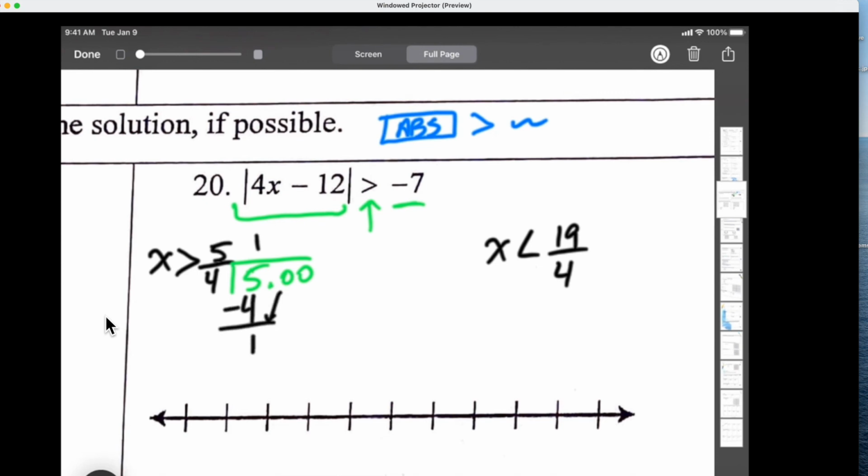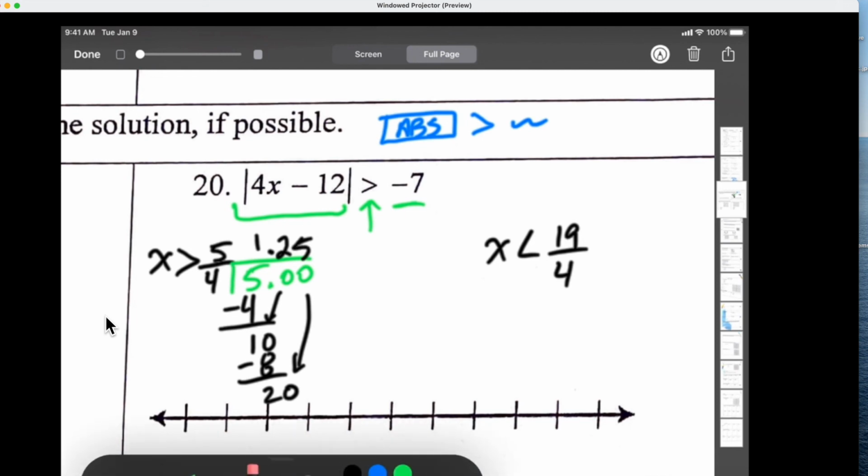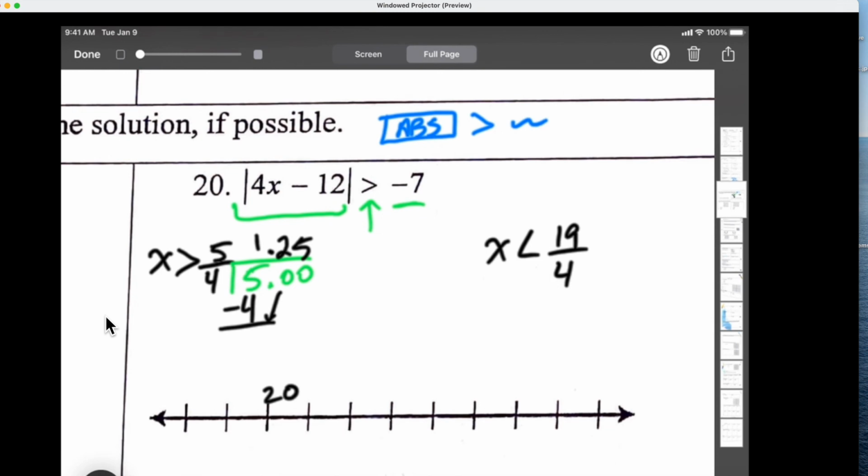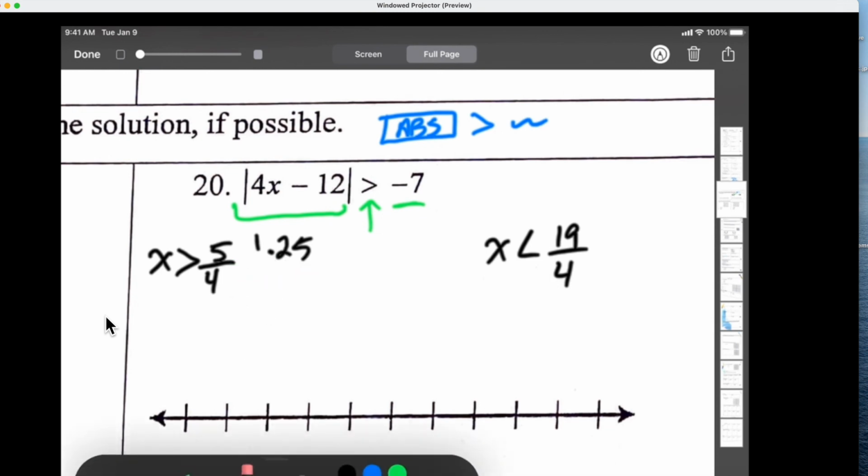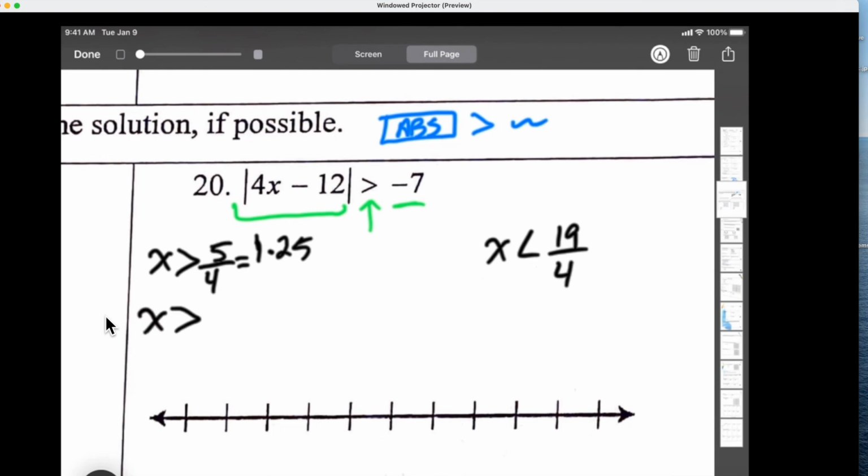Bring down the 0. Bring that decimal place up top. How many times does 4 go into 10? 2. 2 times 4 is 8. Bring down that 0, and I get 1.25. To me, it's a little easier to graph 1.25 than 5/4, but they have the same value. I do that a lot in math. So now we have x is greater than 1.25.